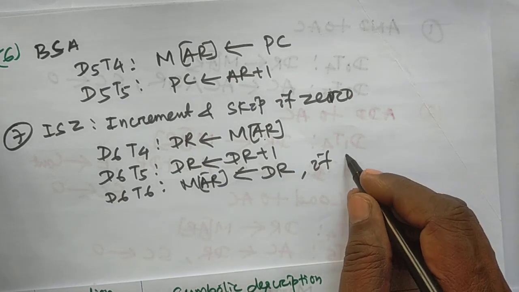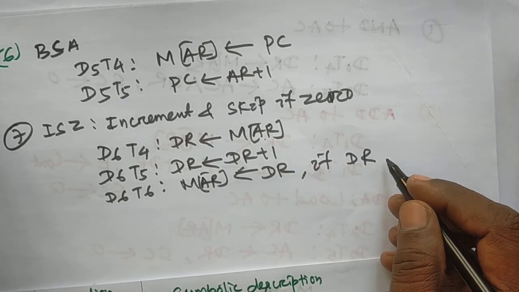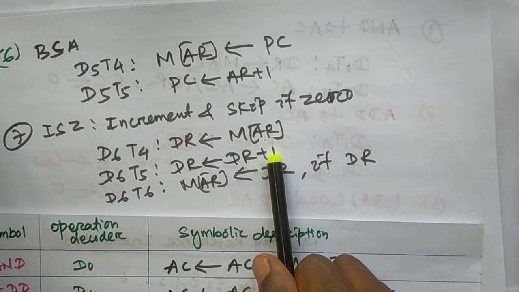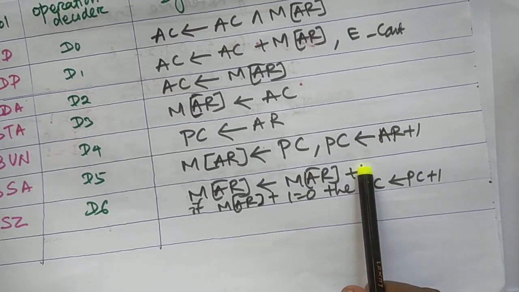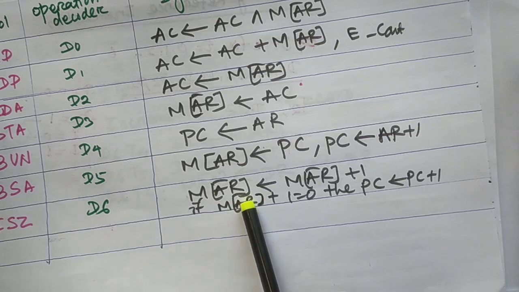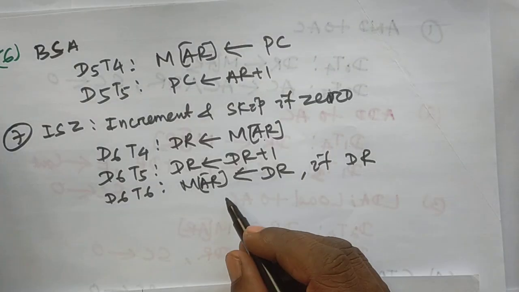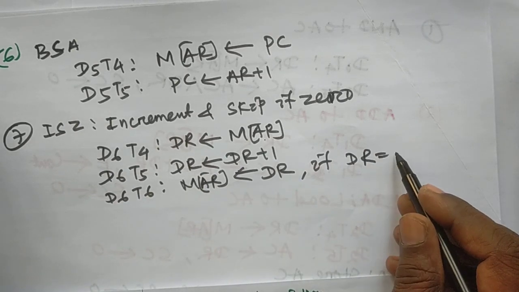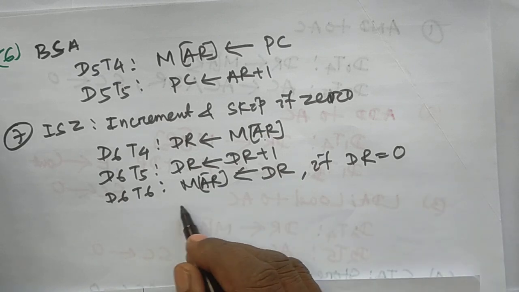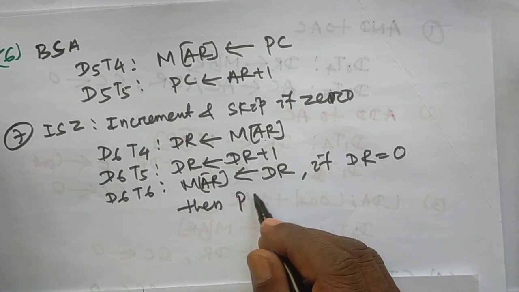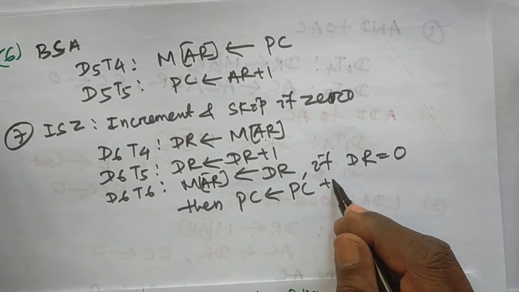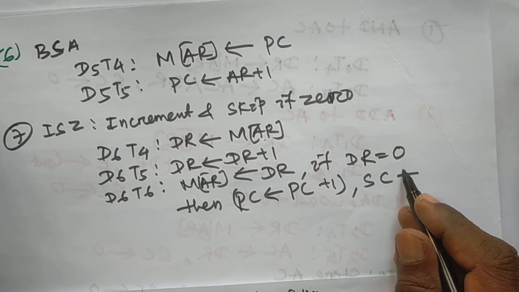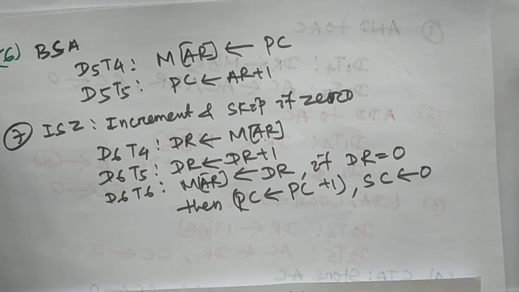The condition is DR: since DR now holds DR plus 1, if DR is equal to 0, then PC is increased, PC is equal to PC plus 1, then SC is equal to 0.